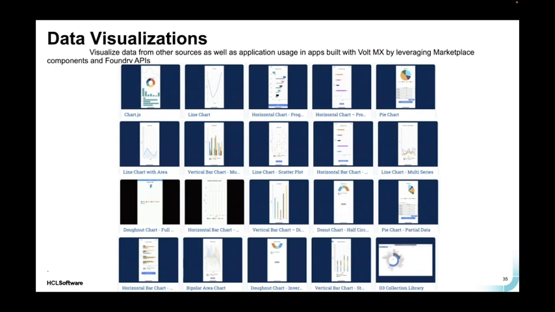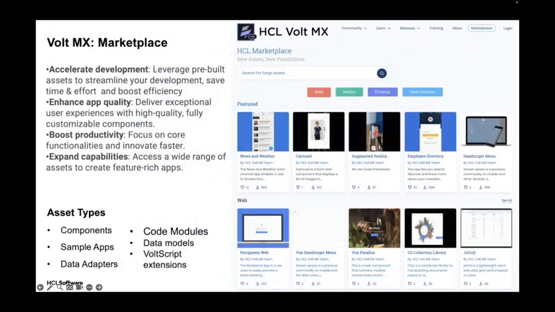The idea of the marketplace is basically that it has to be a community. So anybody who's a customer, user, even a trial user or partner can contribute to the marketplace. If you build something that you think is cool or can benefit somebody else, you can contribute it back to the marketplace. The components in the marketplace are usually free for use by anybody in the developer community.